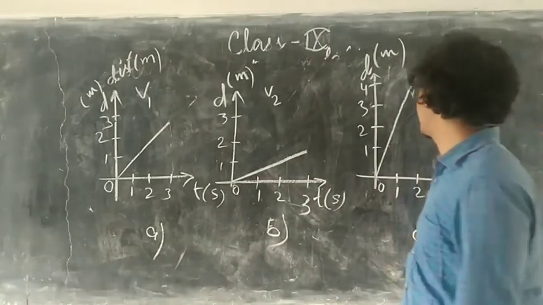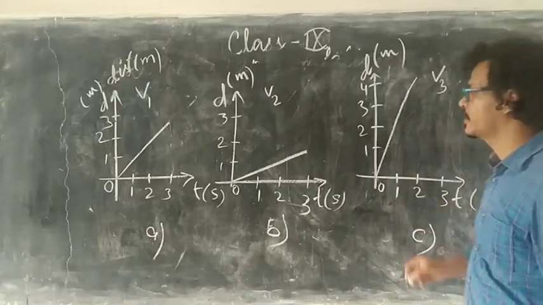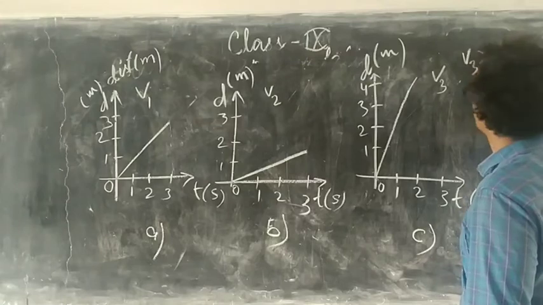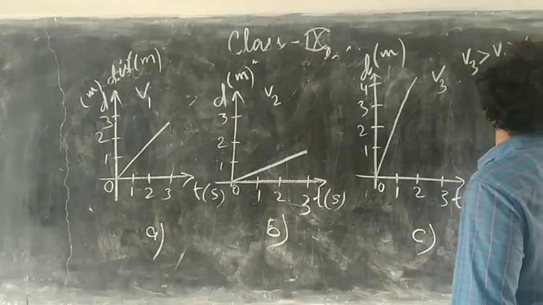So from the graph you can clearly see that V3 is greater than V1, which is greater than V2.